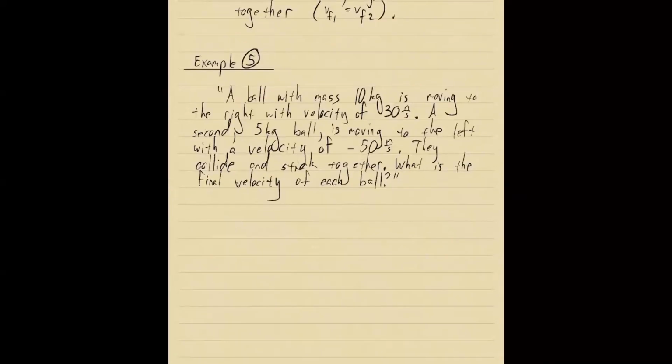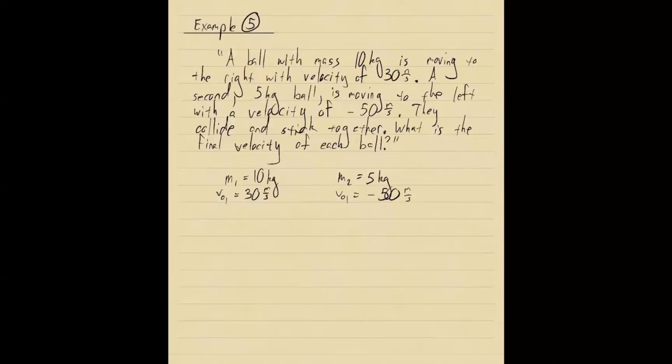So let's write down what we know. Ball 1 has a mass of 10 kilograms, and its initial velocity is 30 meters per second. The mass of the second ball is 5 kilograms, and its initial velocity is moving to the left, a velocity of minus 50 meters per second.